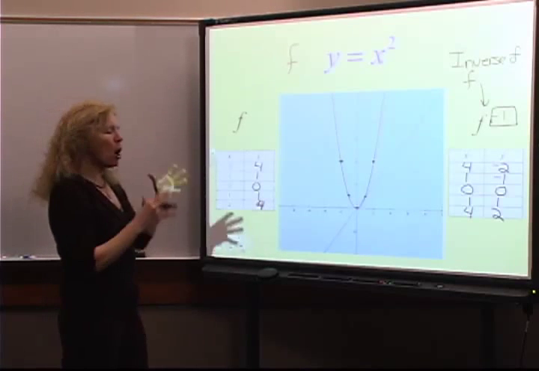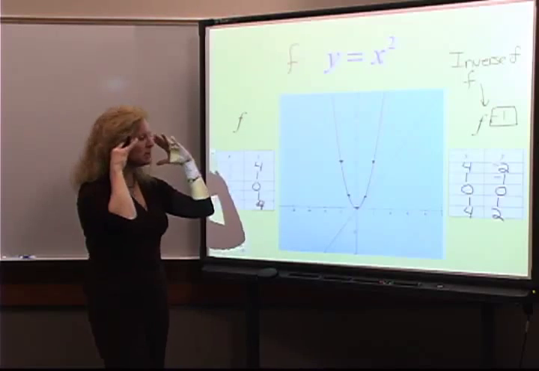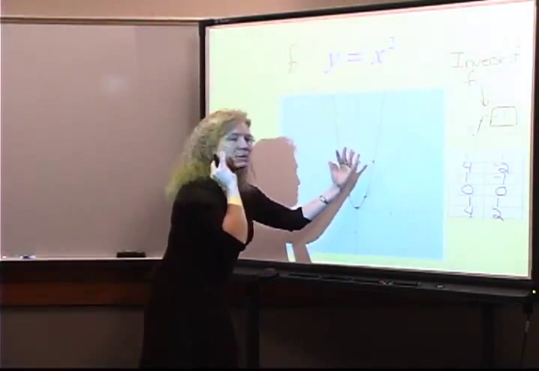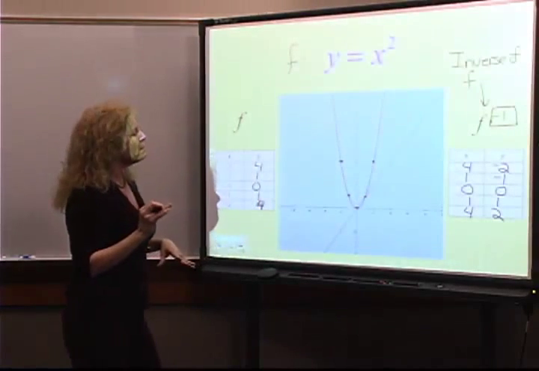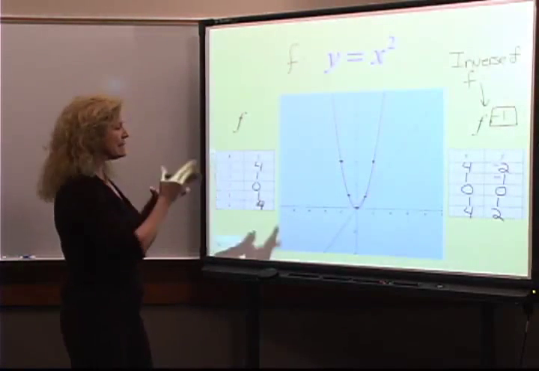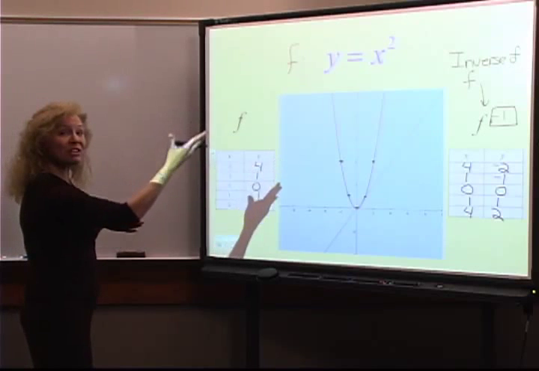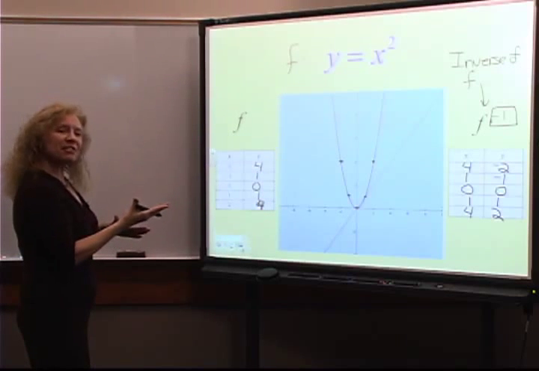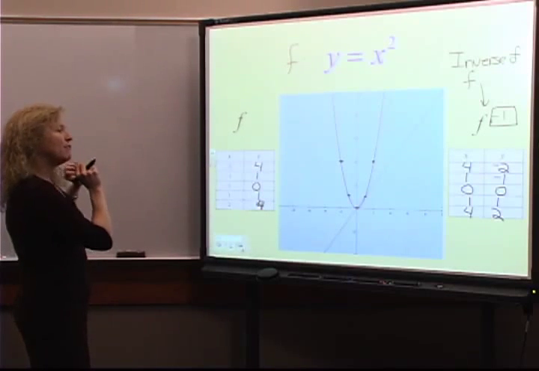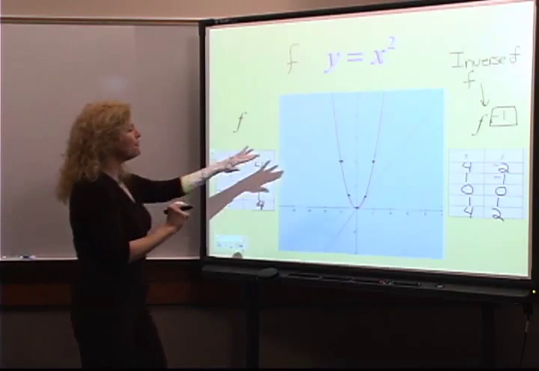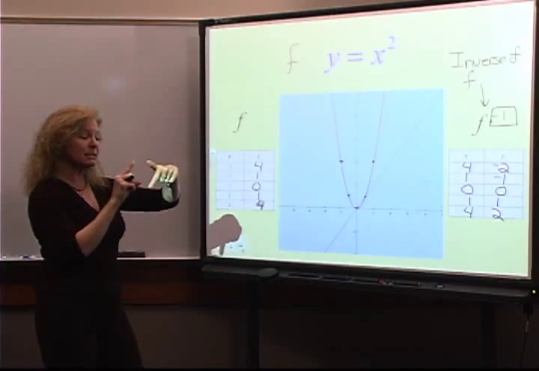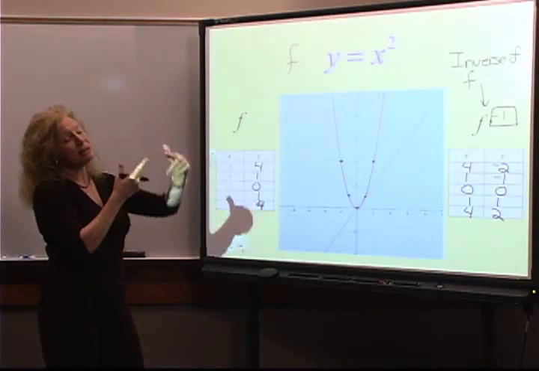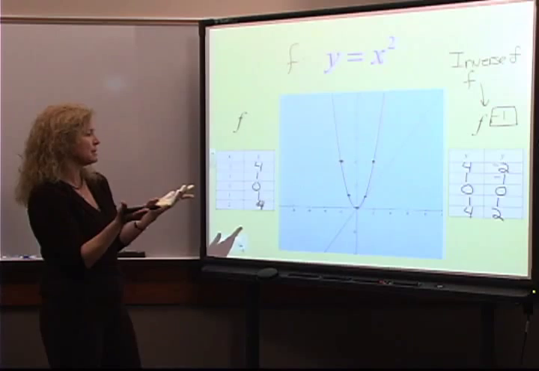Now some people are really good, they have great visual skills, and you might be able to see what this looks like when you reflect it over that line. But there's lots of us that have trouble seeing that reflection over the diagonal line. And for that reason, I'm really focusing in that if you find some of these order pairs, it's a very easy process to switch the order and now graph your new order pairs.